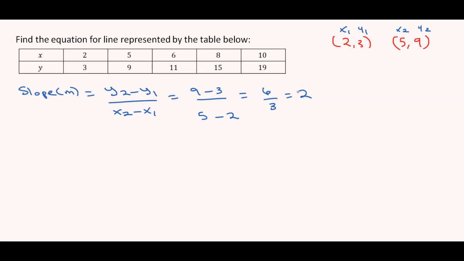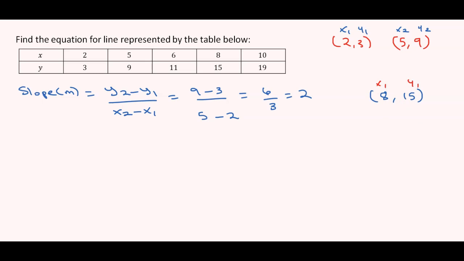And now, just for the sake of variety, I'm going to pick a different point. Let's pick one that is maybe 8, 15. 8, 15 is going to be our point. And I'm going to label the points. We have x1, y1.